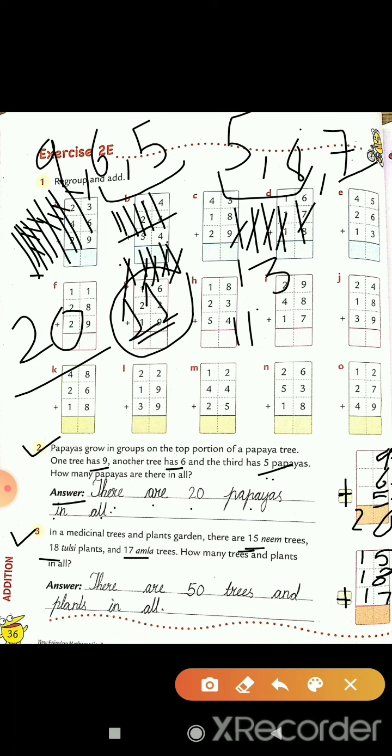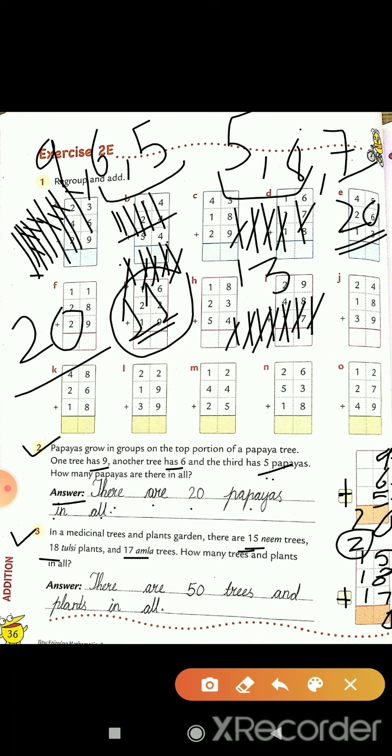What comes after 13? 14, 15, 16, 17, 18, 19 and 20. So the answer is 20. Now we cannot directly write 20 here because these are two-digit numbers. So we have to regroup 20 as two tens. So 0 at the place of ones and 2 will be carried to the tens column.